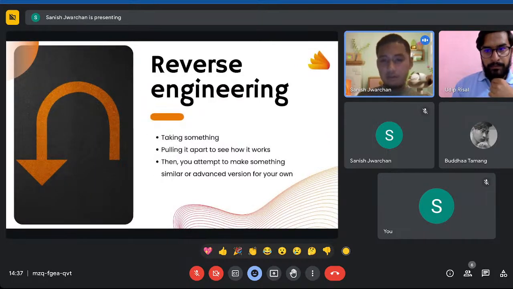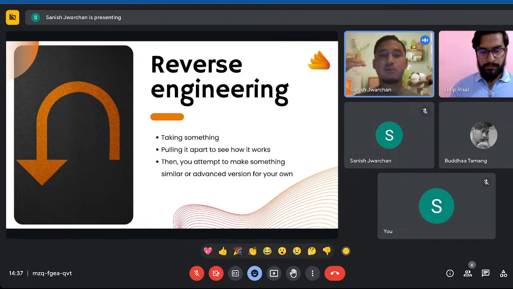you're taking something, so for example a product, a service, a business idea, business strategies, you're taking that, pulling it apart, so breaking it down, analyzing, and then you're seeing how it works, okay? Whether that's a business, an idea, marketing strategy, website, funnel, you're taking that, pulling it apart and seeing how it works.